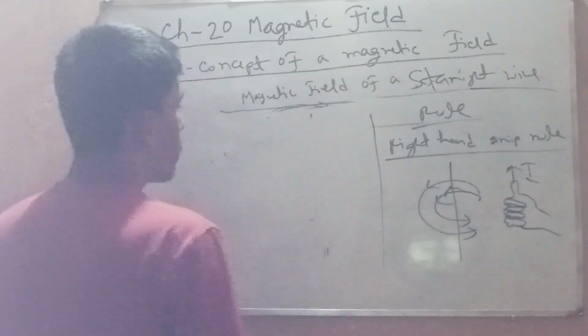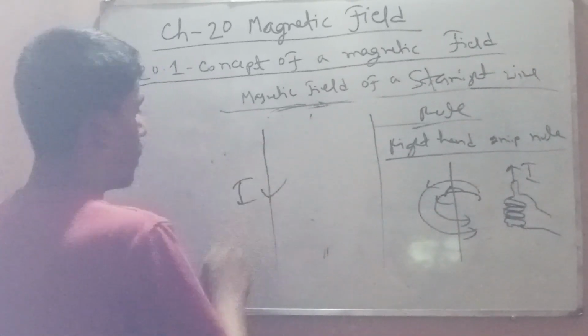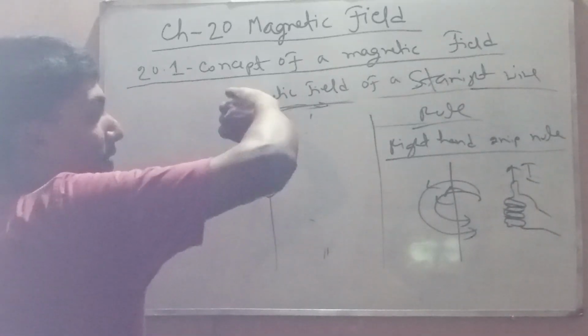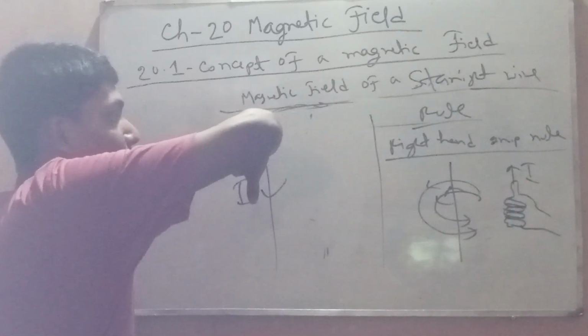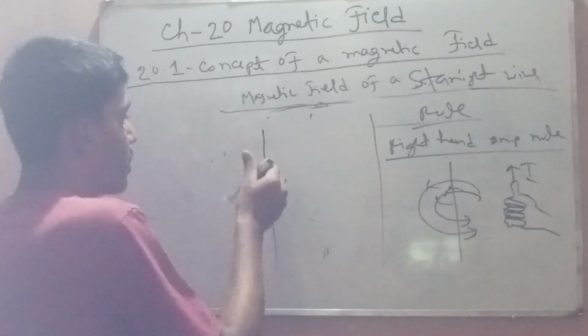If current flows, the thumb points towards the flowing current, and the curved fingers show the direction of the magnetic field.